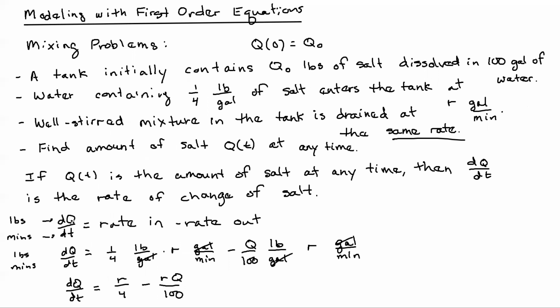You start off by doing rate in minus rate out. Frequently, those rates turn into a concentration times the rate that the liquid is coming in, and you combine those to get the rate that the quantity is coming in. And then you do the same thing for the rate out. You end up with concentration times the rate that it's leaving at. And then you just end up multiplying and canceling the units. Okay.